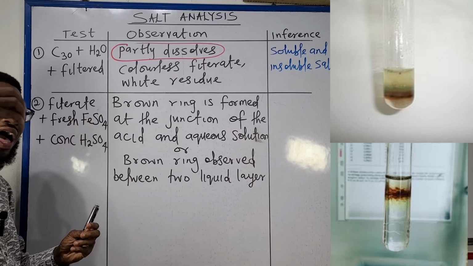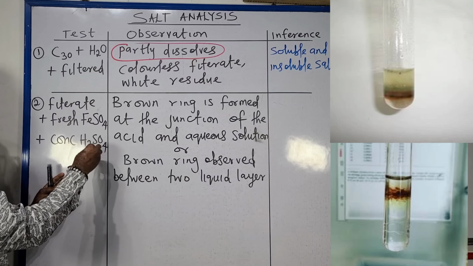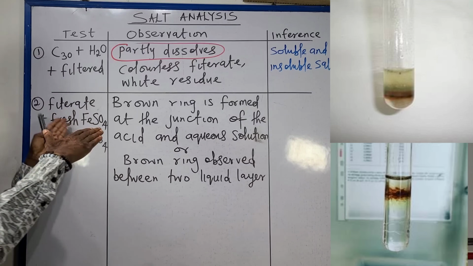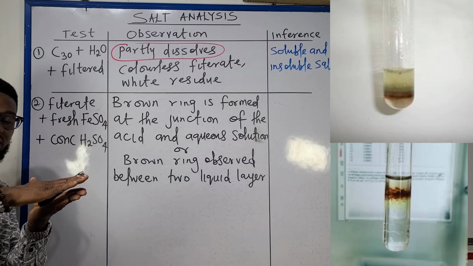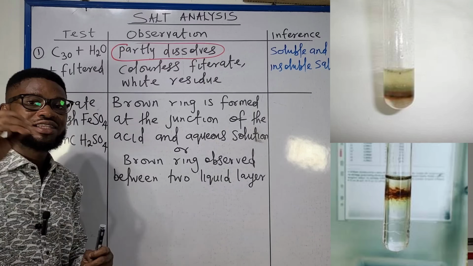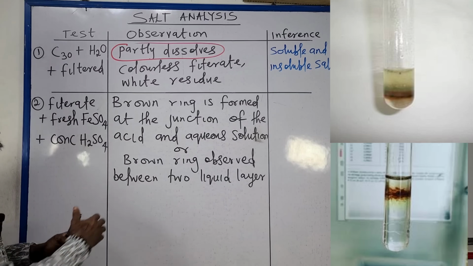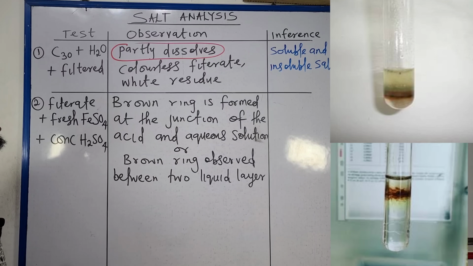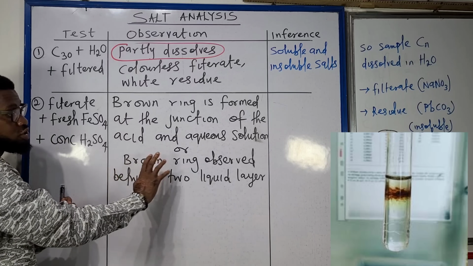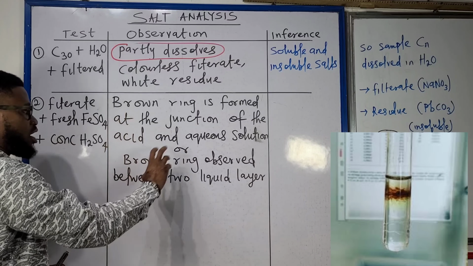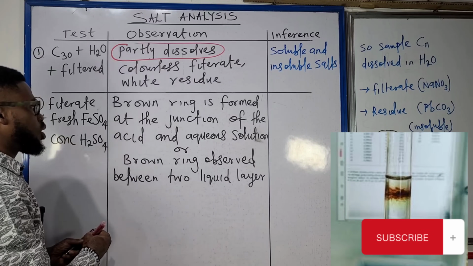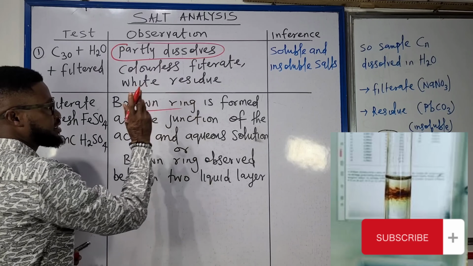Then by the time you add your H2SO4, between the junction of the H2SO4 and the aqueous solution in the test tube meeting, a brown ring is going to be formed, which here we call the brown ring test. Look at it. Brown ring is formed at the junction of the acid and aqueous solution, or you simply put it as a brown ring observed between two liquid layers. This is what we call the brown ring test.